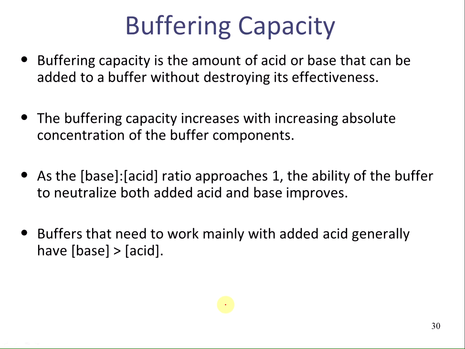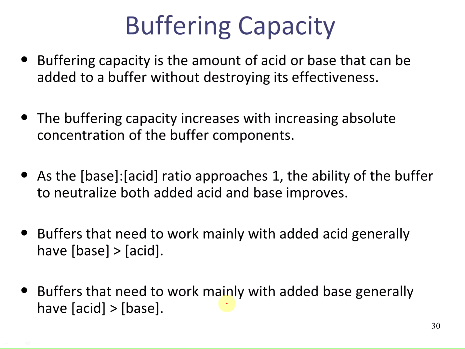Buffers that need to work mainly with added acid typically have base concentrations higher than that of the acid. And buffers that need to work mainly with added base generally have acid concentrations greater than the base, because when you're adding the base, there needs to be more acid to neutralize that base to maintain the pH more effectively.